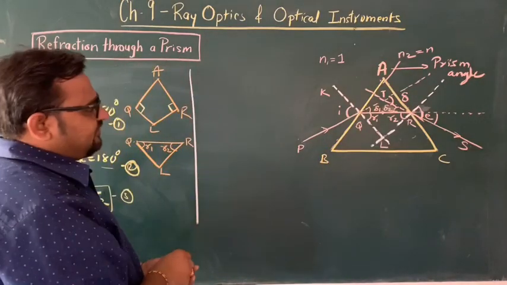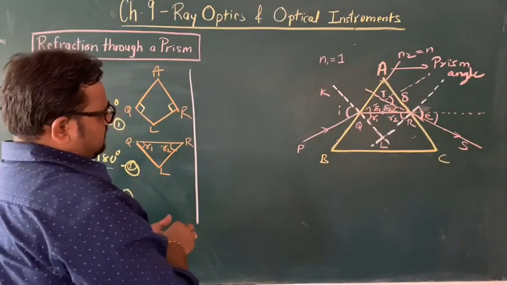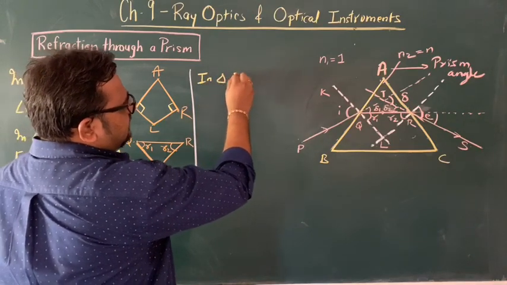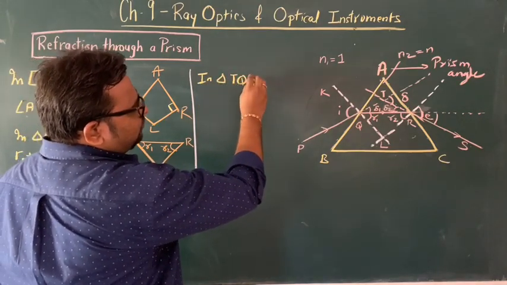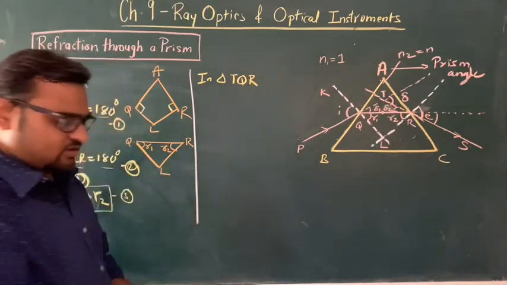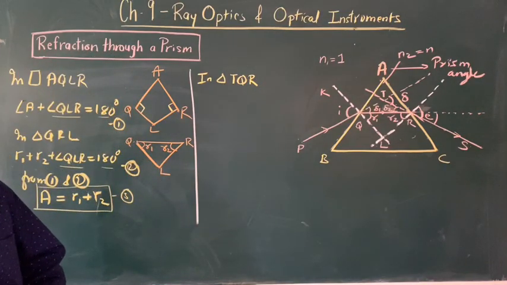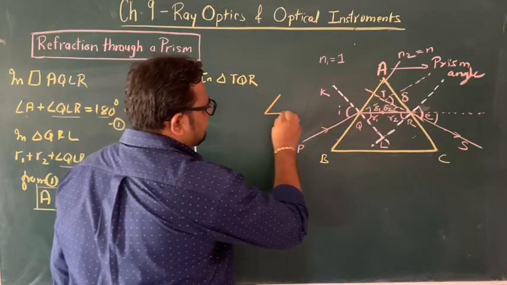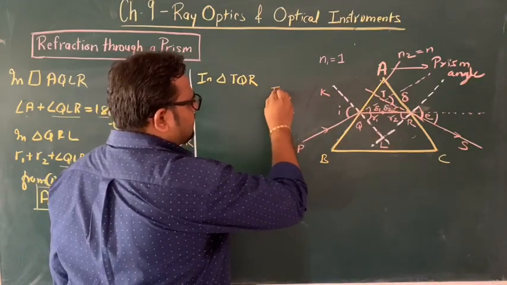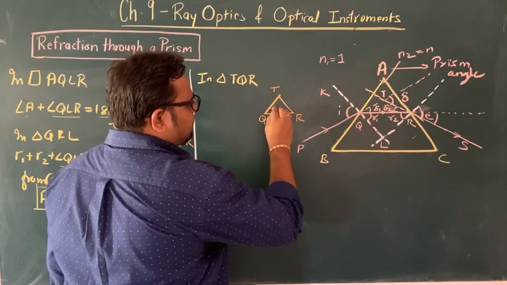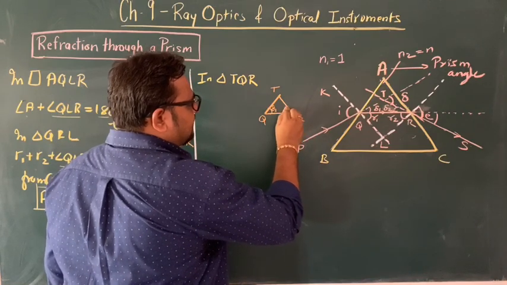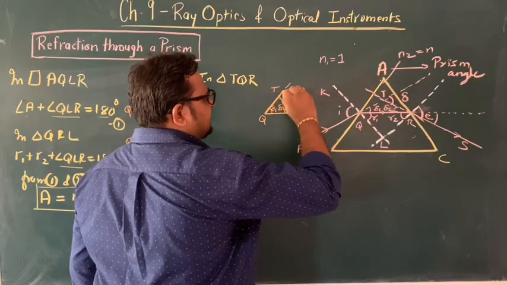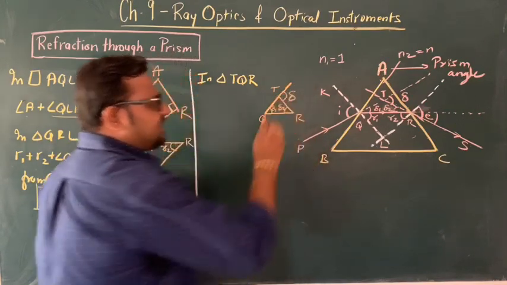So taking that triangle TQR, say this is the triangle TQR. This is delta 1, this is delta 2, and this exterior angle is delta.